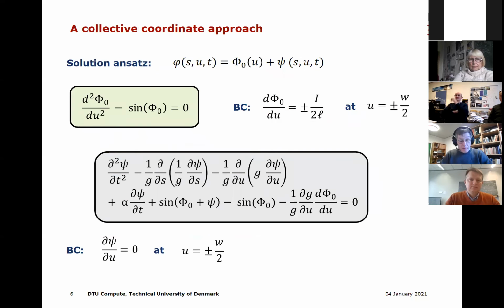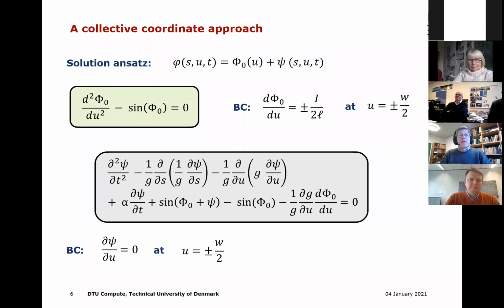So now we come to the way of treating or finding approximate solutions using the collective coordinate approach. And there, Yuri Gaididei was a great master. With great physical intuition, he could reformulate the model in such a way that we could get very good approximate solutions.